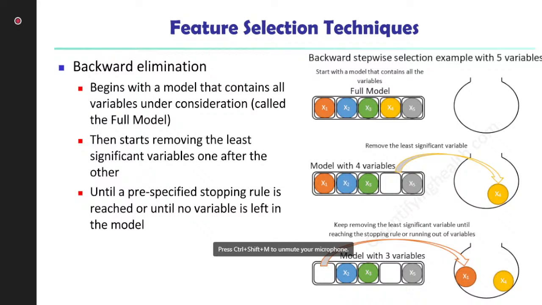And we train the model and see how much performance the model is giving. And then we remove one of the features and see whether, by removing that feature, performance has decreased, increased or remained the same. If it has increased or remains the same, then we remove that feature, otherwise we add it again and then we remove another feature.